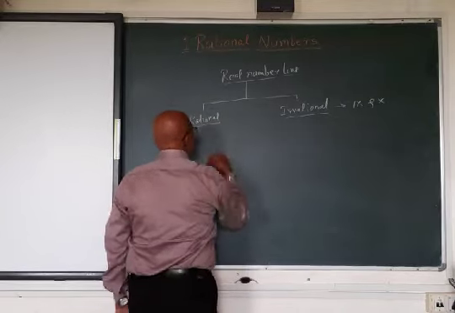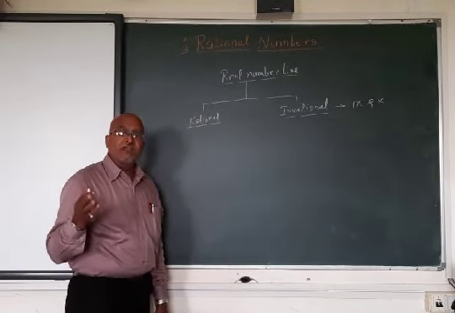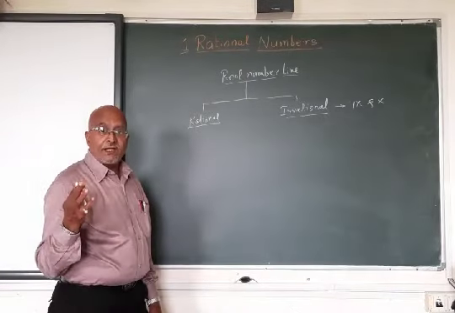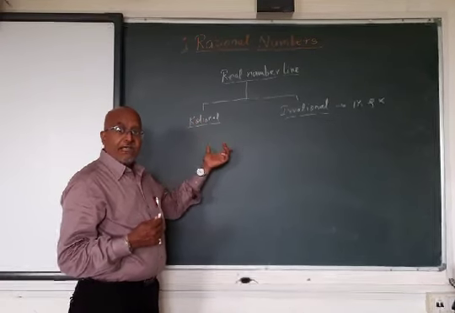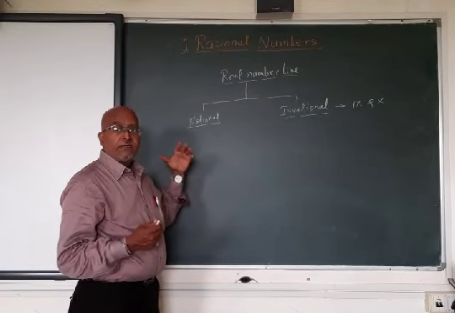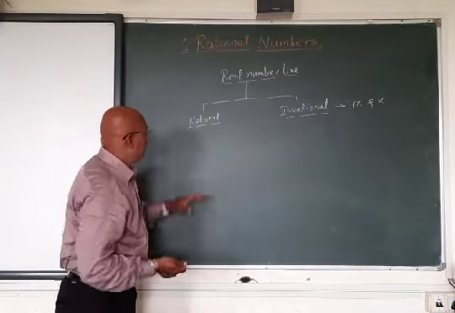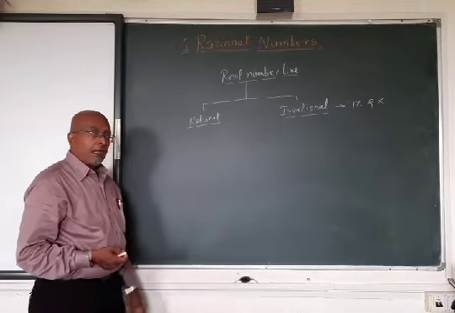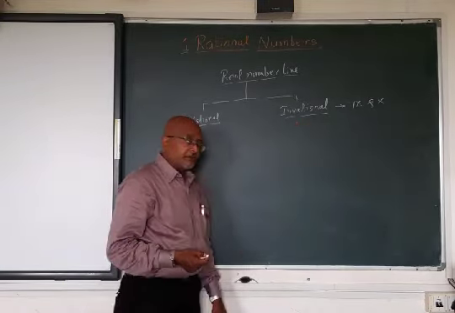Now, what is the definition of a rational number? That also we have seen. The number which can be represented in p by q form is a rational number, and the number which cannot be represented in that form is an irrational number.